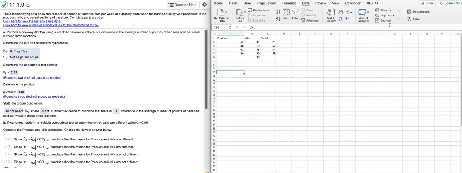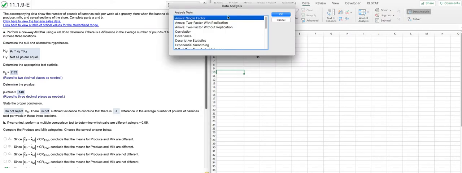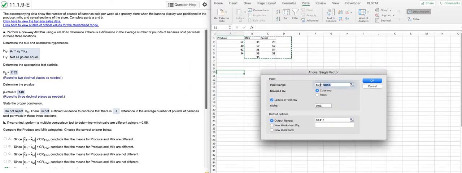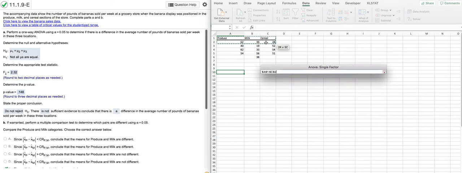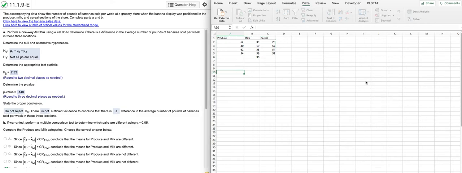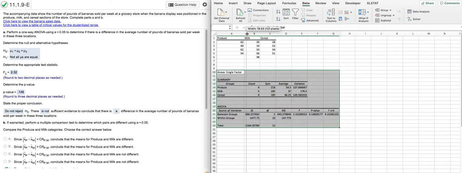So let's do the Data Analysis ToolPak here real quick. We'll select our range. Labels selected, 0.05 alpha is what we're using. Output range A10 to start is fine. And this is what we come up with.